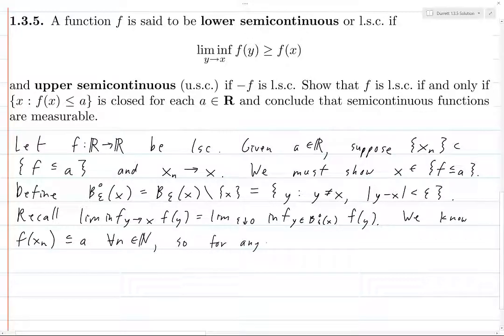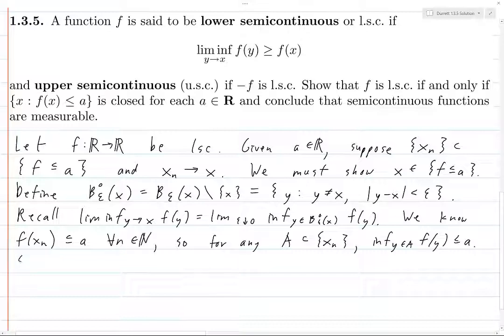So for any subset contained in this sequence, i.e. for any subsequence, the infimum over this subsequence of f(y) is also going to be less than or equal to a. Because f(x_n) is less than or equal to a, it holds for every single point in this set. So when you take the infimum it is also going to be less than or equal to a.